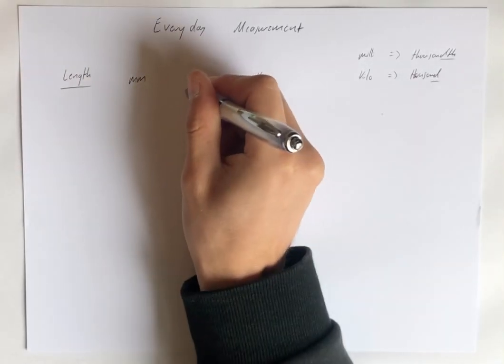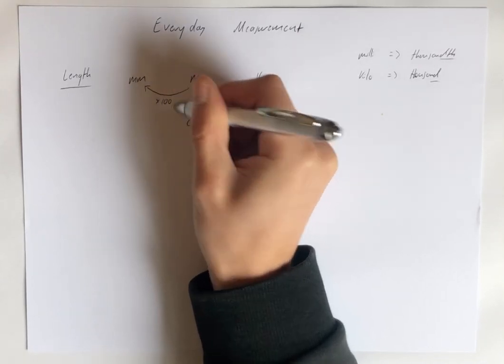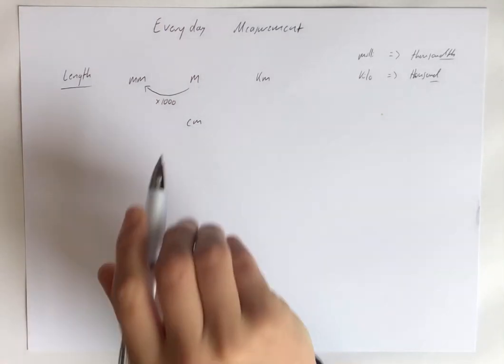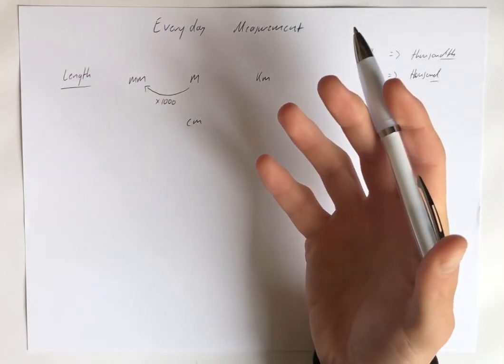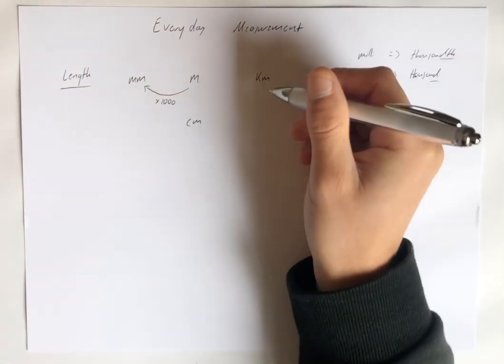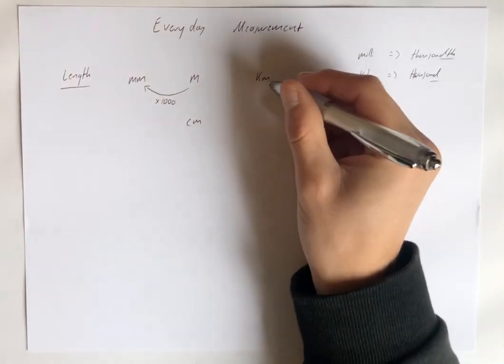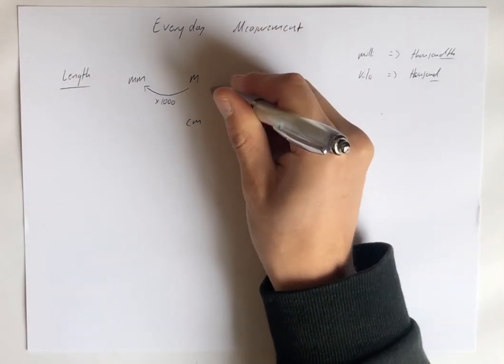So if we were to go from meters to millimeters, we'll multiply by 1,000. So if I had 3 meters, how many millimeters is that? Well, it's 3,000 millimeters. So we must multiply forward. If I had a kilometer, well, how many meters is that?